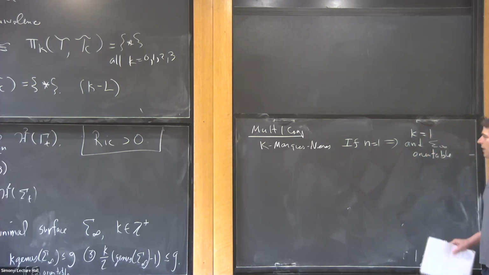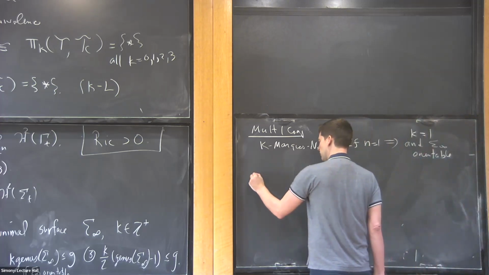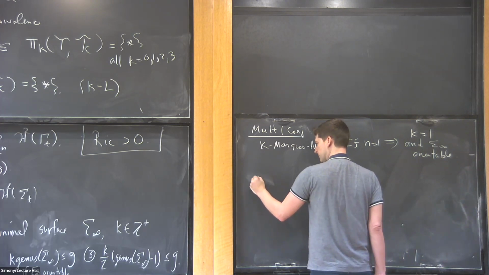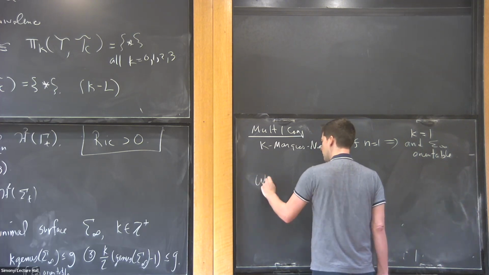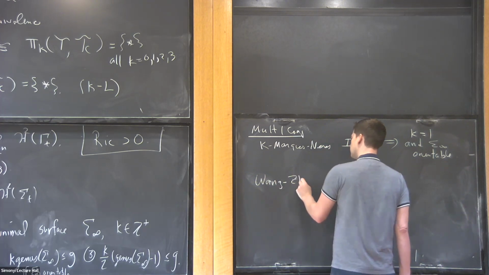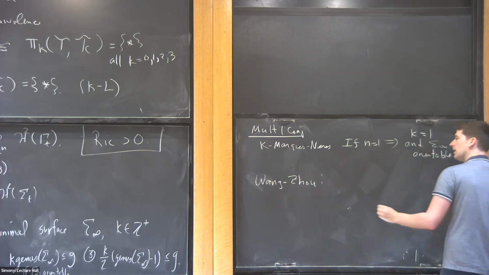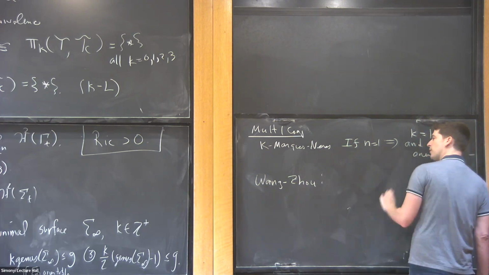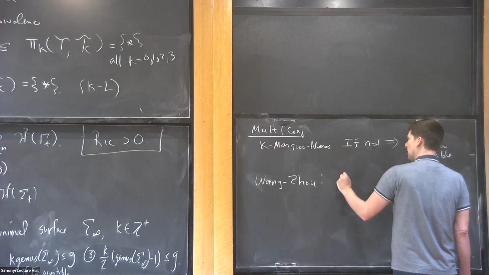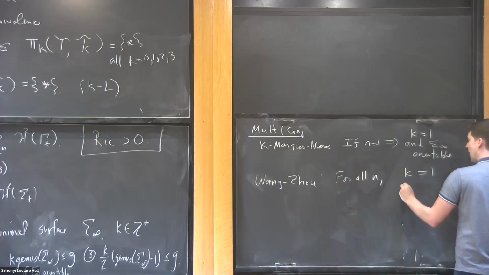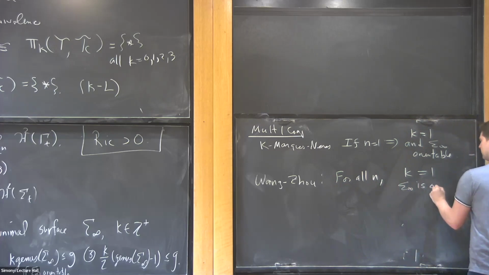Okay, and very recently, Shinju and Jisha Wang, they proved the same thing, but for all possible number of parameters. So they proved that for all n, we have this conclusion: multiplicity is 1, and sigma infinity is orientable.